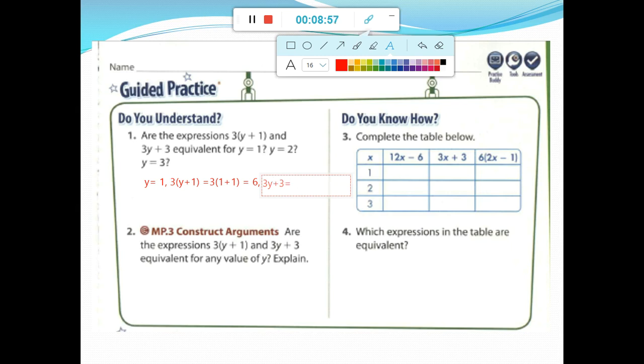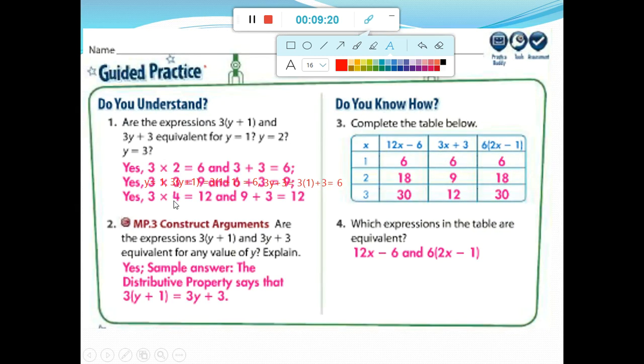So equals 3 multiply y, which is 1, plus 3. So 3 multiply 1 equals 3, plus 3 equals 6. So they have the same value.